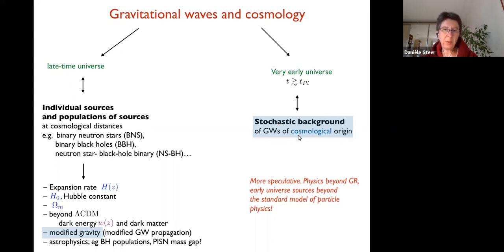Let me just say straight away that this second lecture, in a sense, is a lot more speculative, because I'll be discussing either physics beyond general relativity when I discuss modified gravity, or on the right-hand side, sources of a stochastic background of gravitational waves which are hypothetical in the sense that they're based on physics beyond the standard model of particle physics.